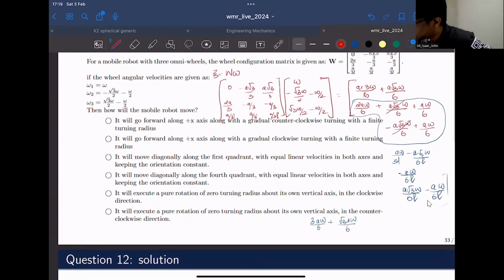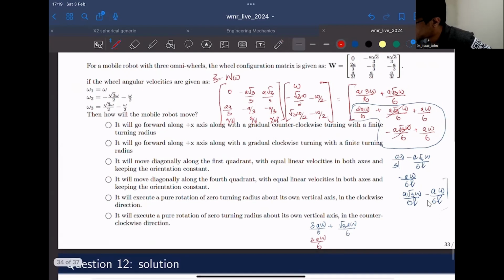So the second term would be, again, you can sum these terms, 2 omega, it's also 3a omega by 6, plus you also have this a omega by 6.